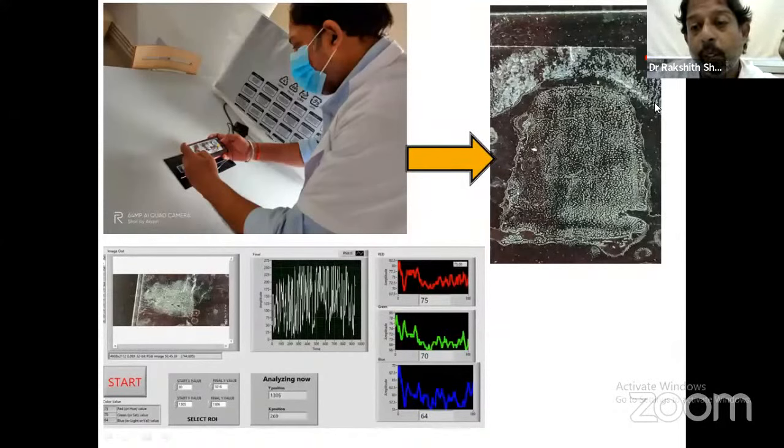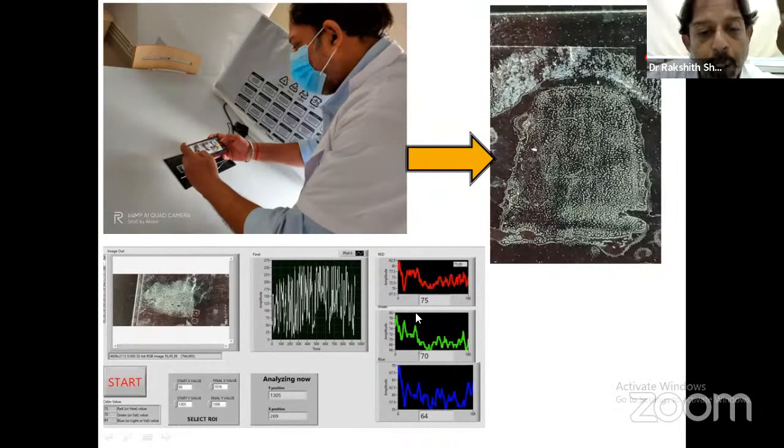This is a clearer picture of the enamel rod ends we are talking about. This pattern is particular to every individual. For me it will be different, for another person it will be different. So to come to a conclusion, we analyzed this photo in the image analysis software.